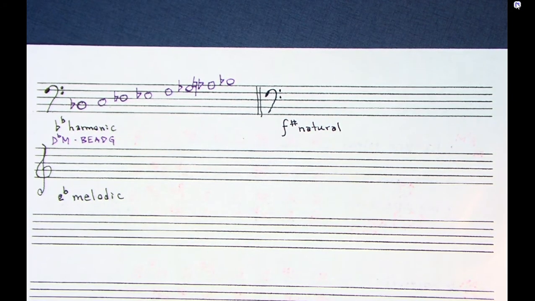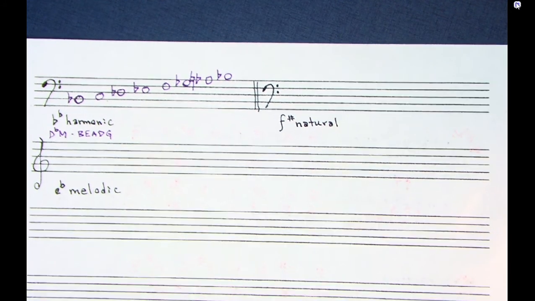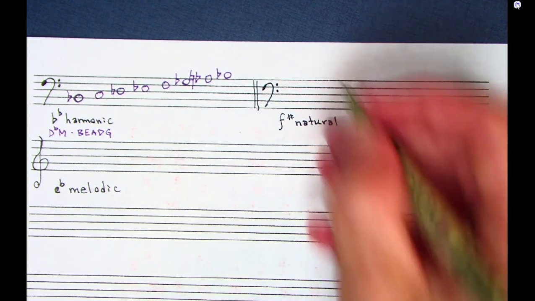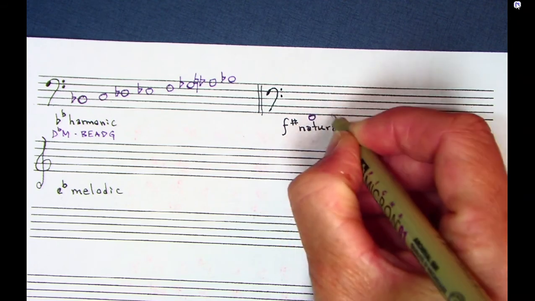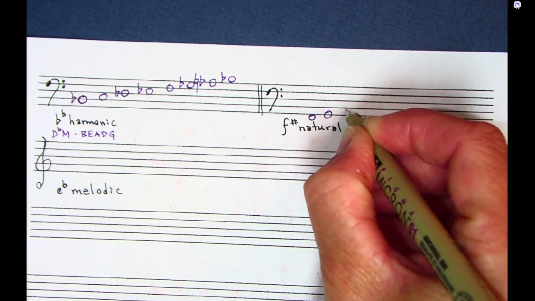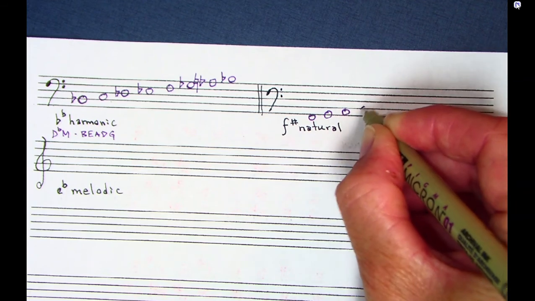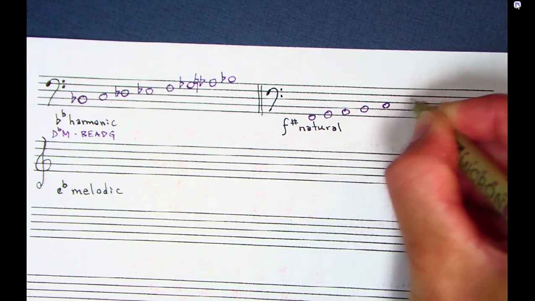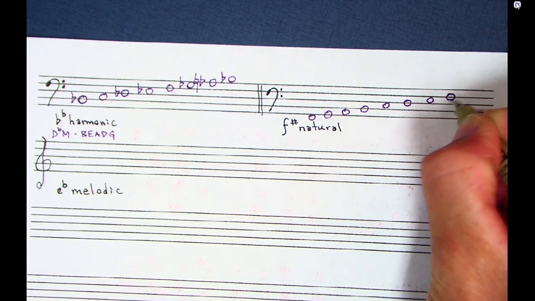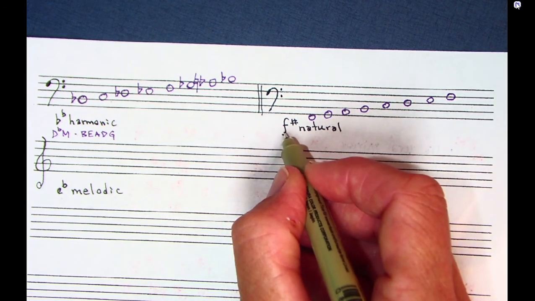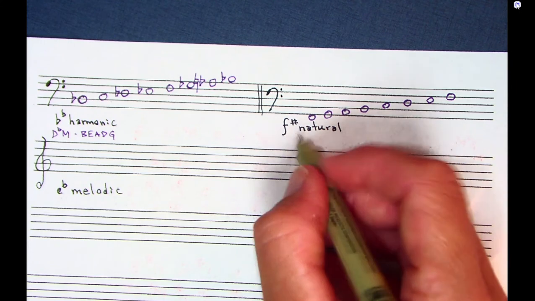All right, going on to F sharp natural minor. So we're just going to put those ingredients in and be done. F sharp natural. I'm going to start down here on this F. Go right up the scale. F, G, A, B, C, D, E, and F. What is the relative major of F sharp minor?